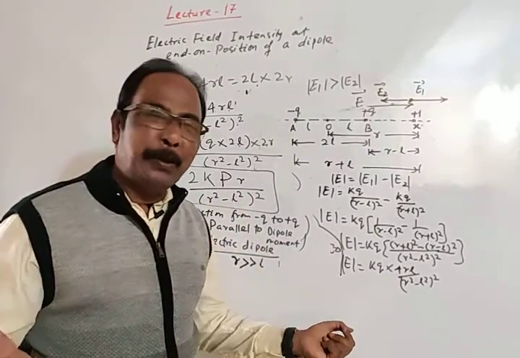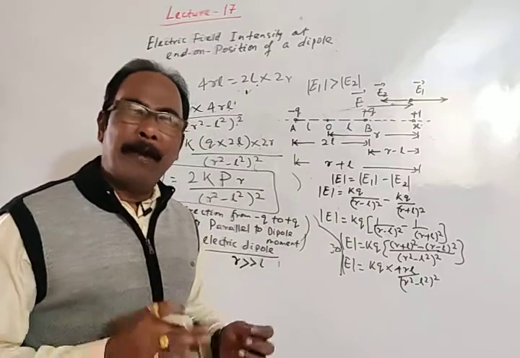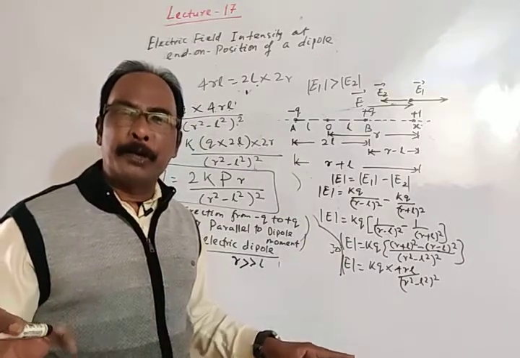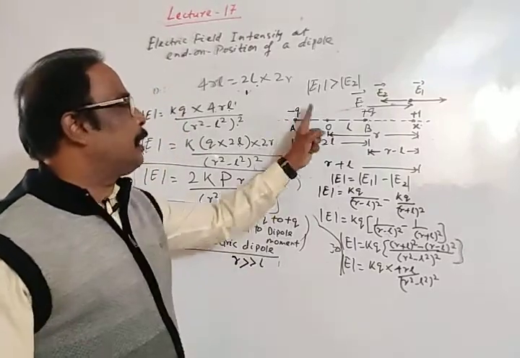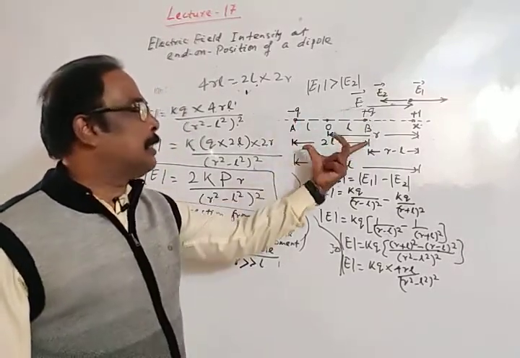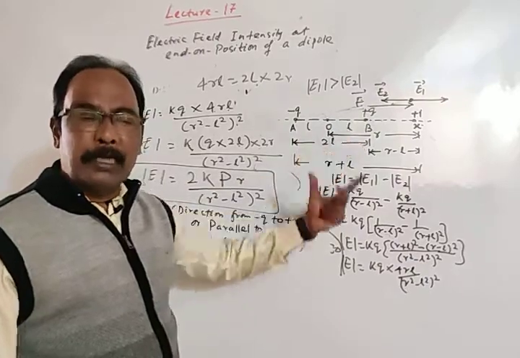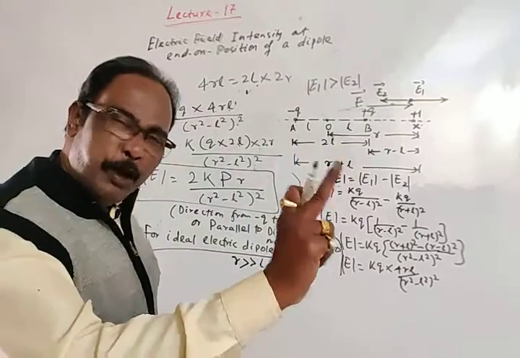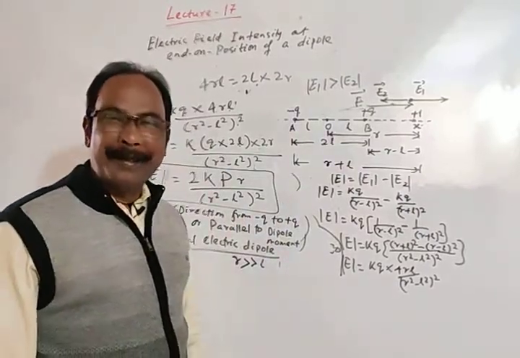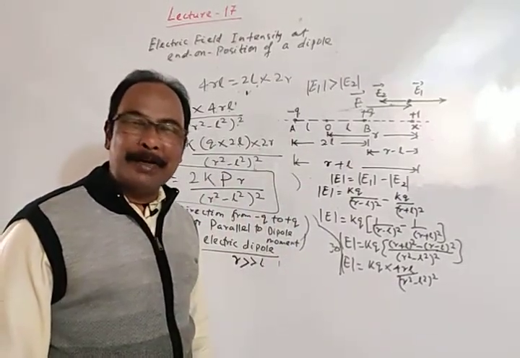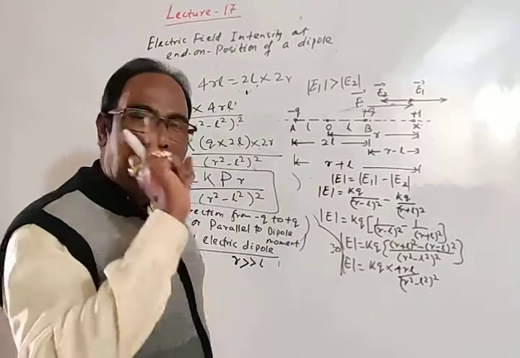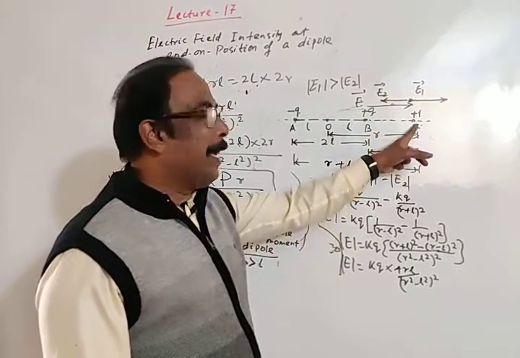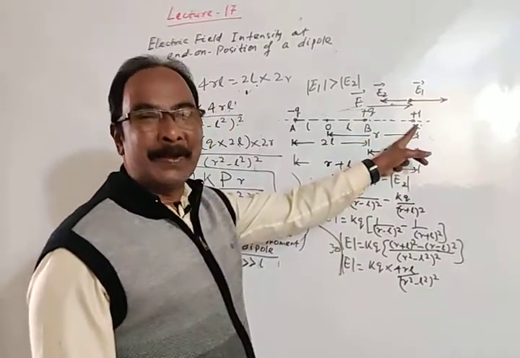As you know from the very beginning, everything in this universe is relative, nothing is absolute. So a dipole consists of two equal and opposite charges separated by a very small distance. Very small in comparison to what? The distance between the two equal and opposite charges is very small as compared to the distance R, where the electric field is calculated.